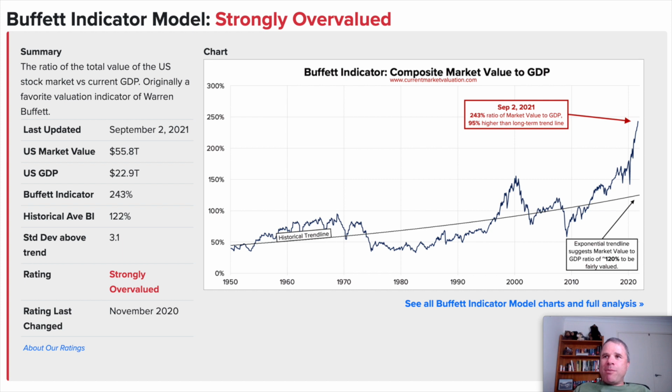There is this possibility that we might be dropping towards that historical trend line sometime in the near future because of a correction to the market. So this model is saying the stock market, I think this is based off either the S&P 500 or the Nasdaq, more than likely the S&P 500, is strongly overvalued right now.